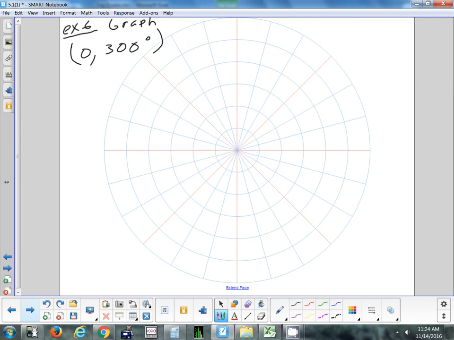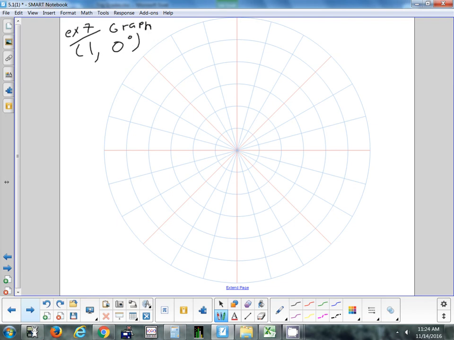It doesn't really do anything, right? Because your radius is 0, you're just spinning in place. So when you draw it, just put your pencil down and spin 300, and then just stop. And that's your point. Just make sure you do that spin, though. I'm going to look for that. So 0, anything is always, do the spin. It's always at the origin.